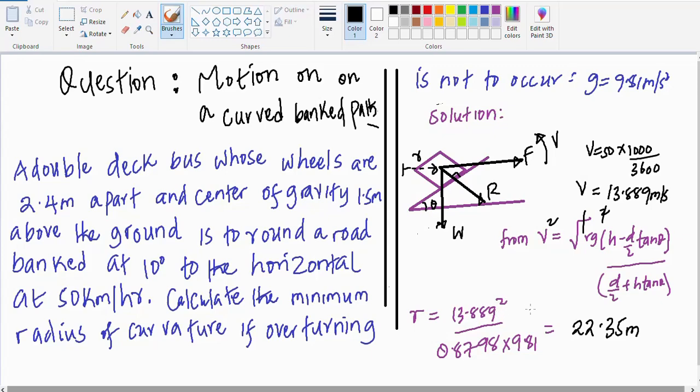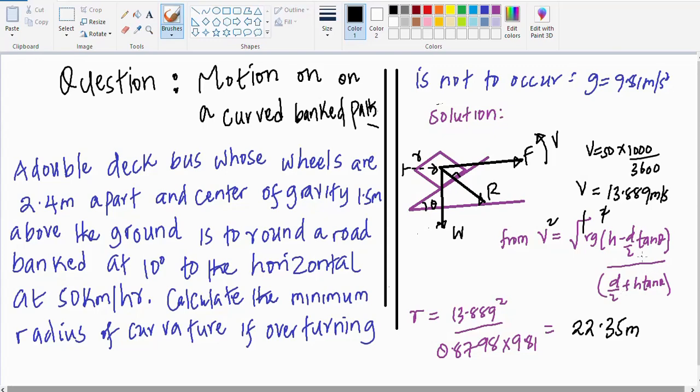I will make r the subject of the formula: 13.889 squared, divided by g, which is 9.81, times the expression (h minus d over 2 tan theta) over (d over 2 plus h tan theta).